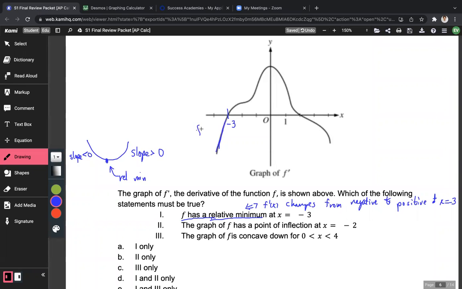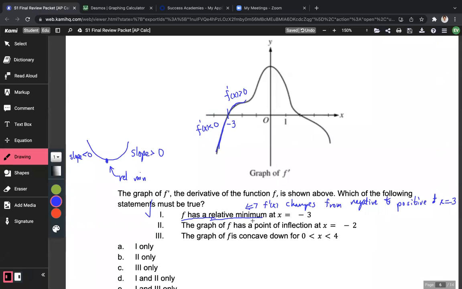It's negative here, and it's positive here. Cool. So it looks like that's a true statement. We must have a relative minimum for f at x equals negative 3 because f prime is changing from negative to positive at x equals negative 3.